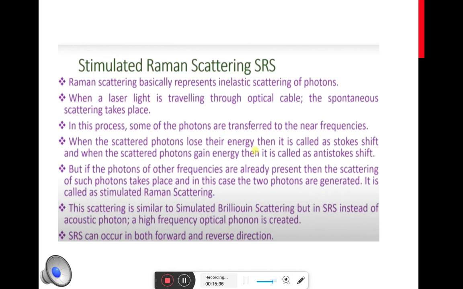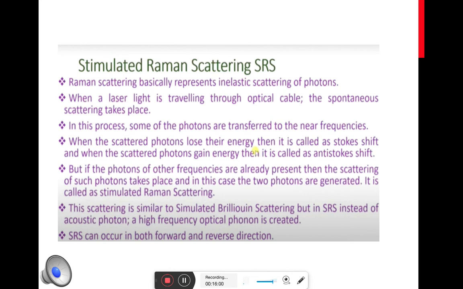When scattered photons lose their energy, it is called Stokes shift, and when the scattered photons gain energy, it is called anti-Stokes shift. If photons of other frequencies are already present, then the scattering of such photons takes place, and in this case two photons are generated, and it is called stimulated Raman scattering.